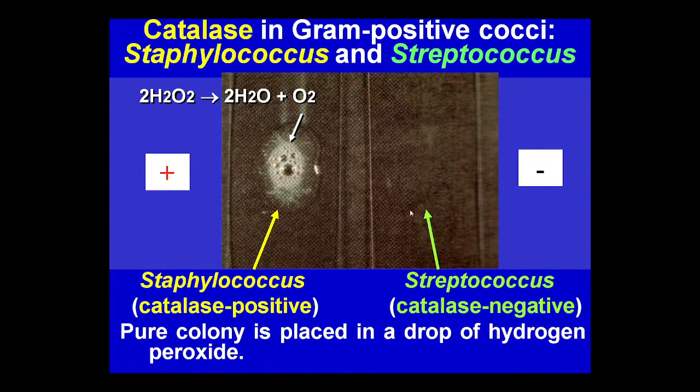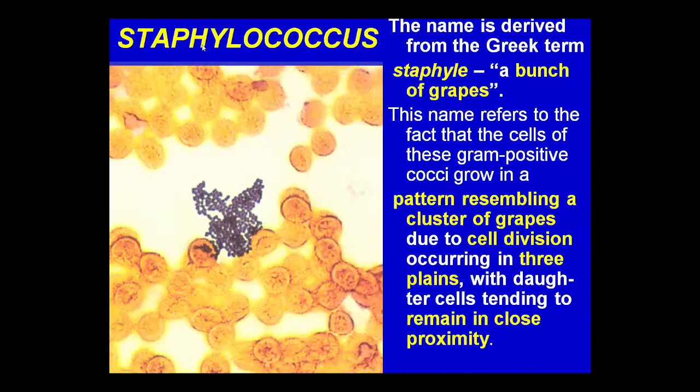So that is a very simple and very informative test to differentiate on the level of genera between Staphylococcus and Streptococcus. Now, step by step, we discuss them and we start with Staphylococcus.